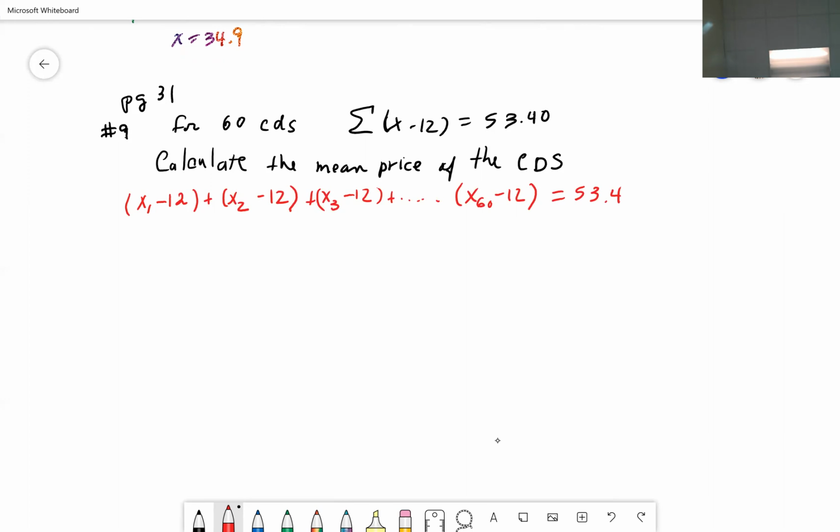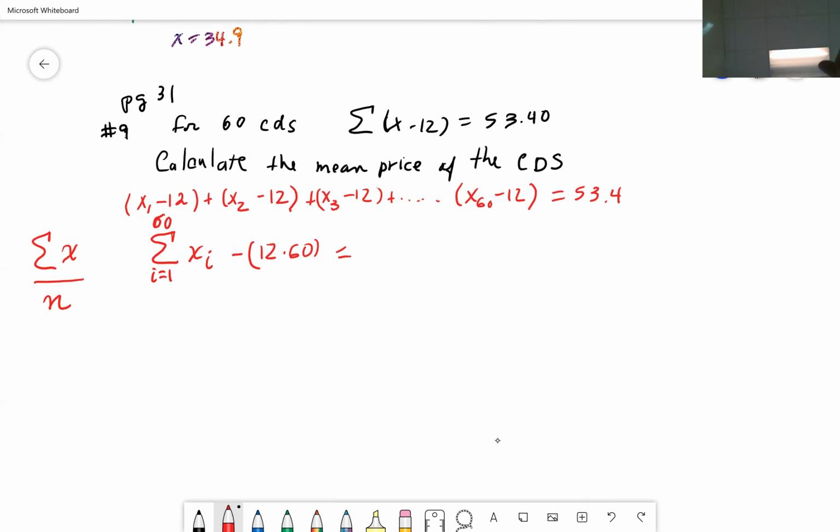So just to be clear, look what I'm going to do. I want to find out the mean. The mean is supposed to be take all your x's, add them, and divide by the total. All right? So let's see. I have the sum of my x's from the first one to the 60th one minus 12 times 60.